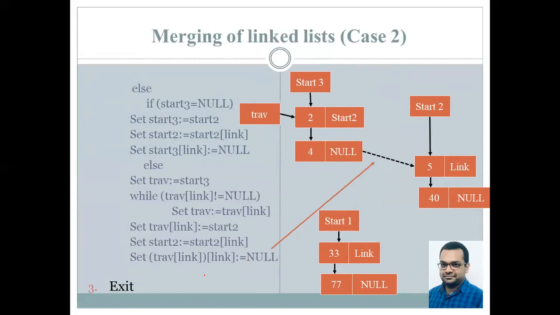And when we state traversal link of link equals to null, so now you can very well see traversal link takes us to over here. Now traversal's link of link actually takes us to this address. So therefore, setting traversal link of link to null causes this last node's address part to be null in the new merged linked list, and this connection will be therefore henceforth terminated.